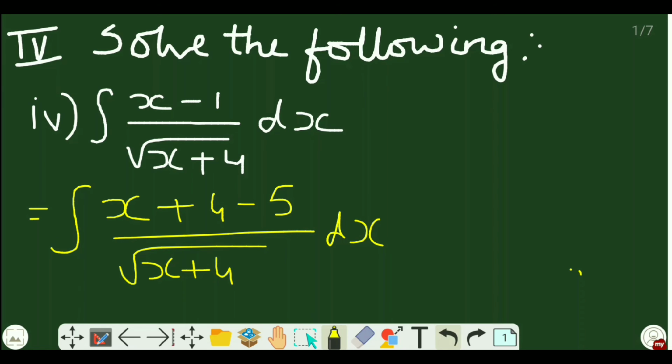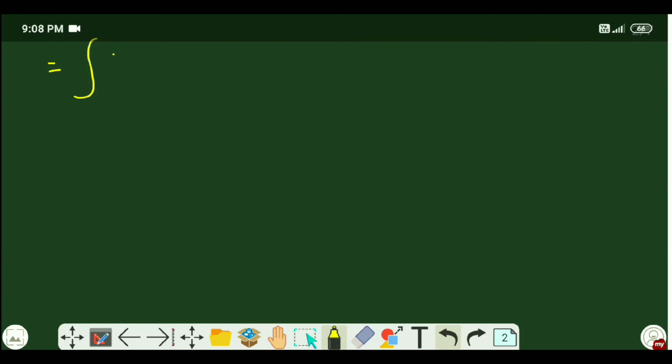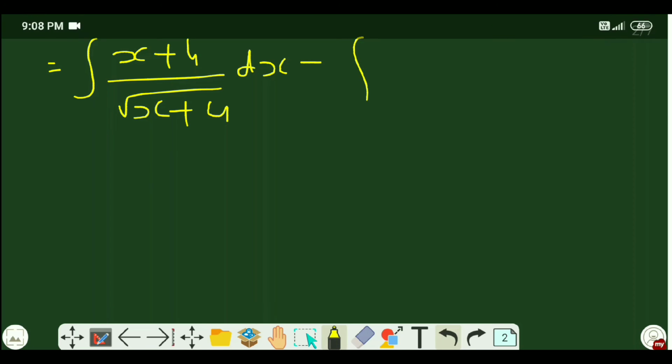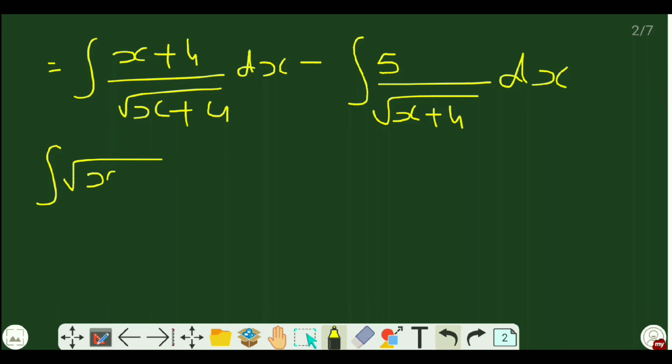Then in the next step, we separate out the integrals by taking x plus 4 as one term and minus 5 as the other term. So we get the integral of x plus 4 upon root of x plus 4 as one term, minus the integral of 5 upon root of x plus 4 as the other term. In the first term, we cancel out x plus 4. Thus, we get root of x plus 4 in the numerator.